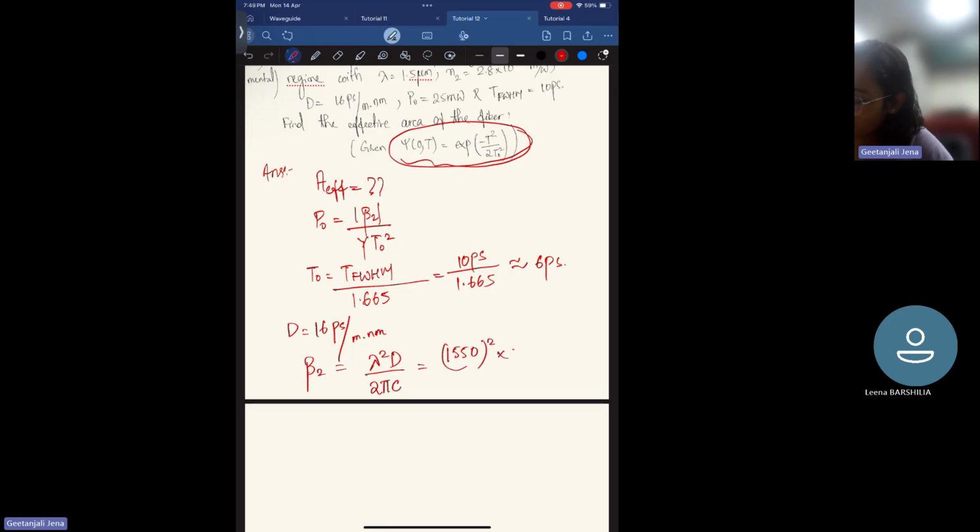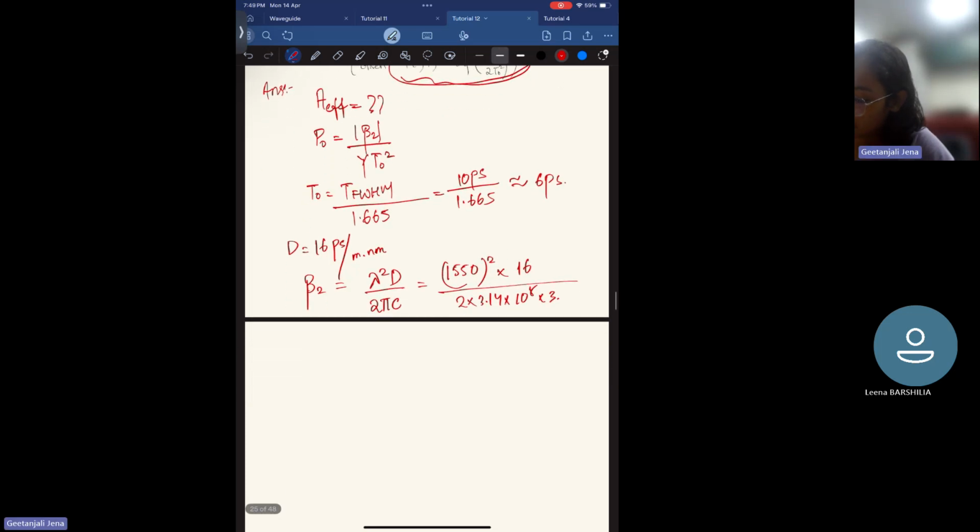Just put in the values given, and please keep in mind the units you are using. If you want to calculate in terms of second square per meter, it will come around 2.04 times 10 to the minus 23 second square per meter.